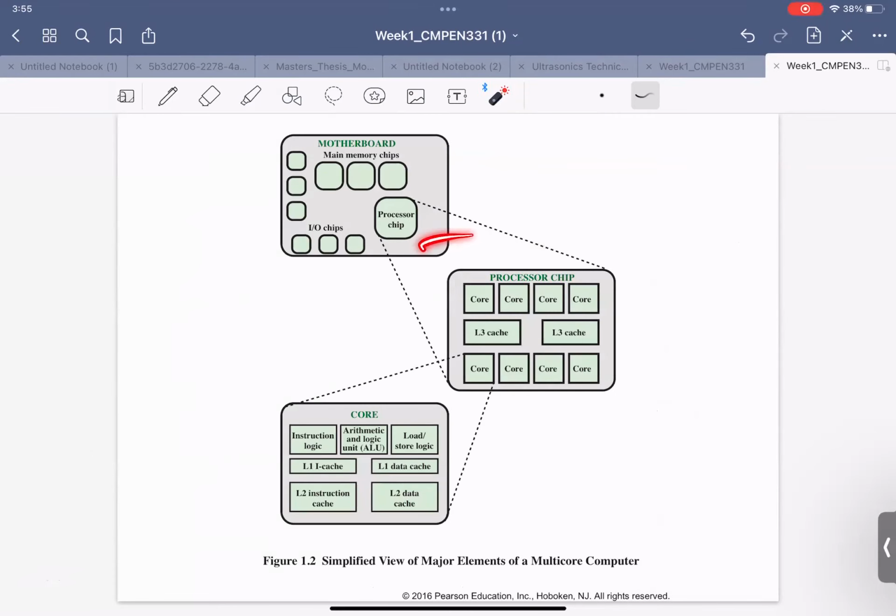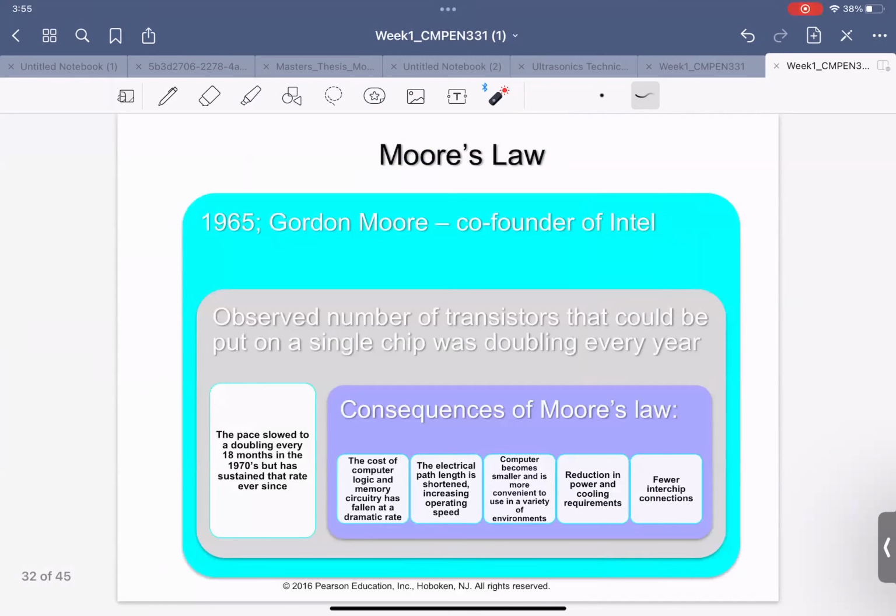As we mentioned again, the processor has all of these kinds of things. Inside the core, we have all of these systems which you will design by yourself, so no worries about that. So Moore's law, as we mentioned earlier, is what Moore stated in 1965: that the number of transistors that could be put on a single chip doubled every year. The nice thing is that approximately we followed that rule.